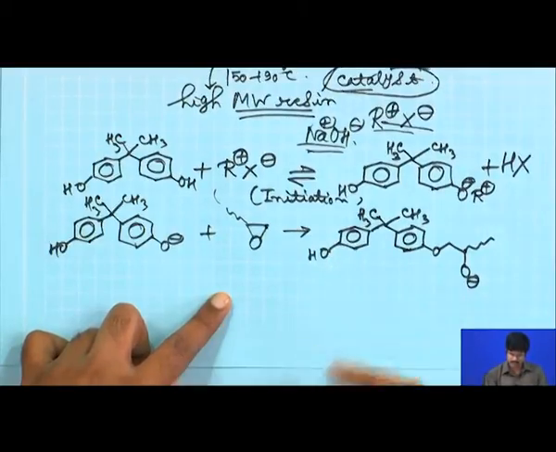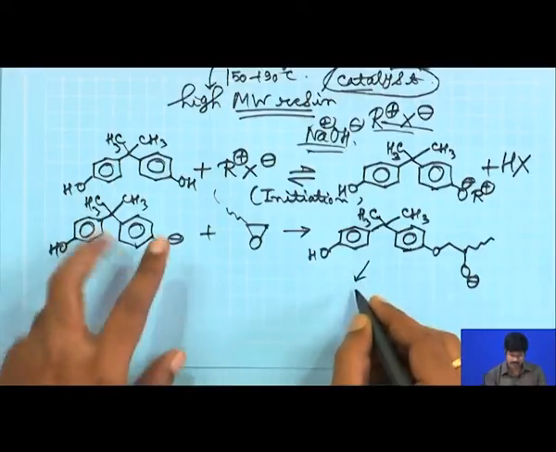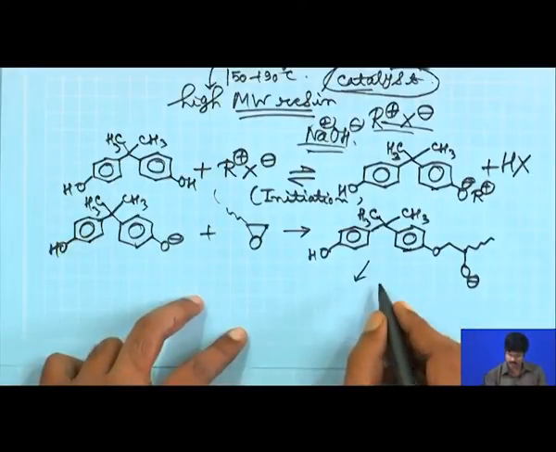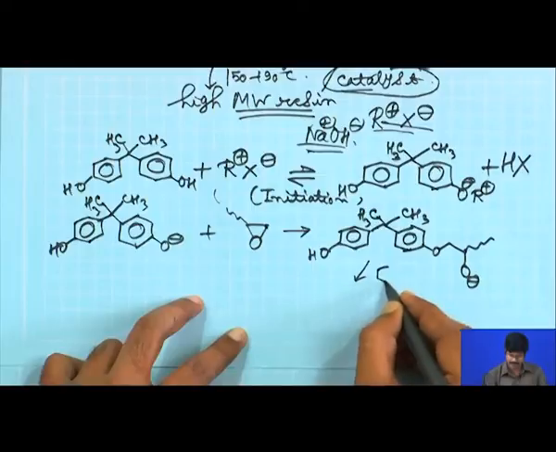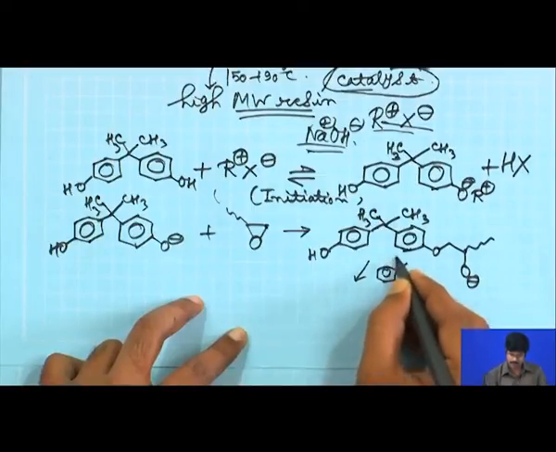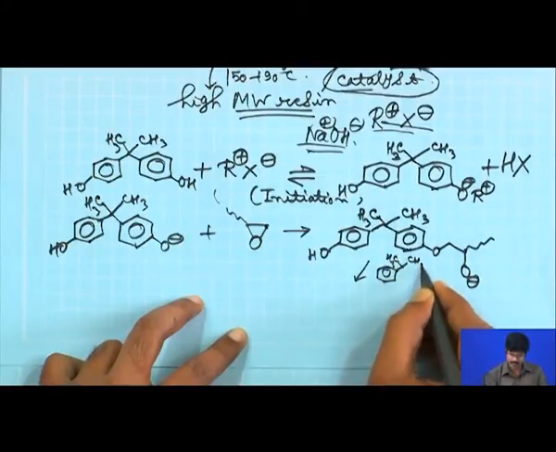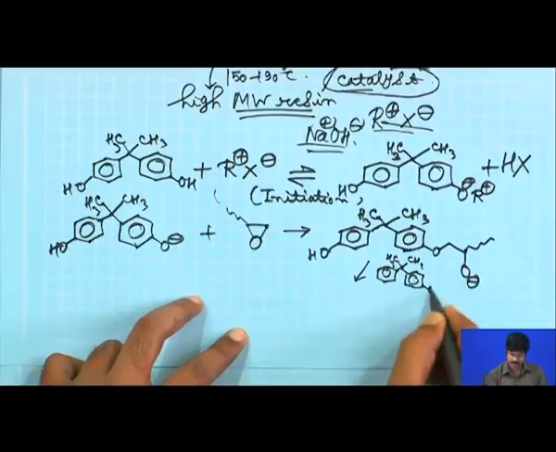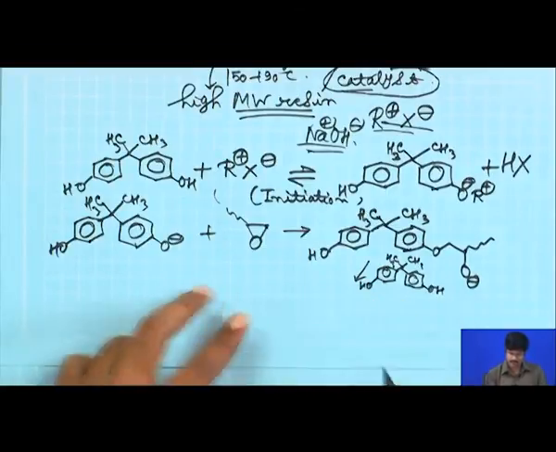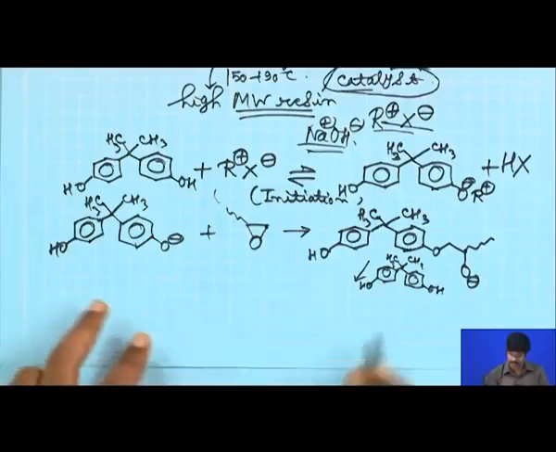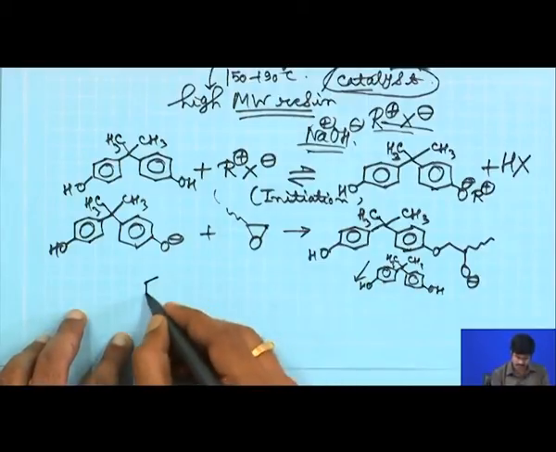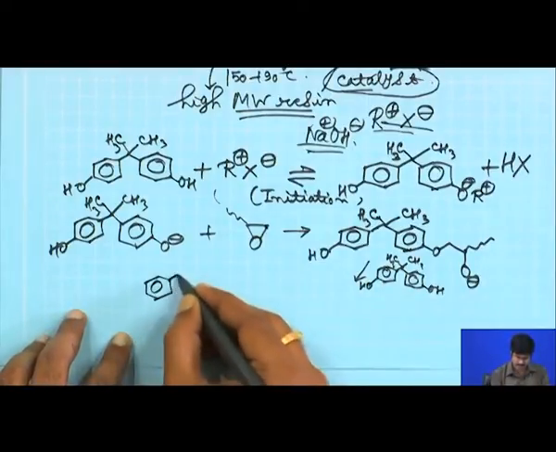Now, in the next step it can actually take one proton from bisphenol A. So, this is your bisphenol A. So, it can take a proton from bisphenol A and it can give you the product which is your extended chain.